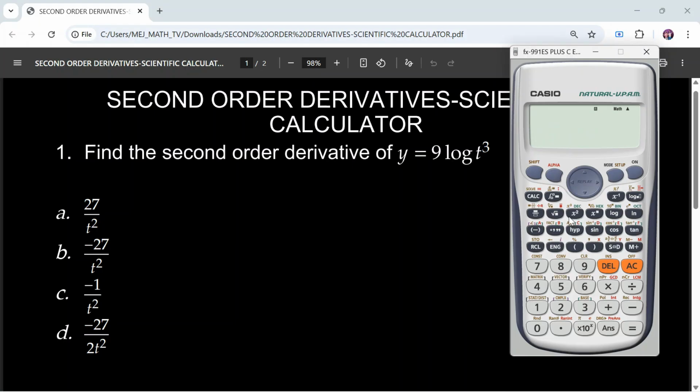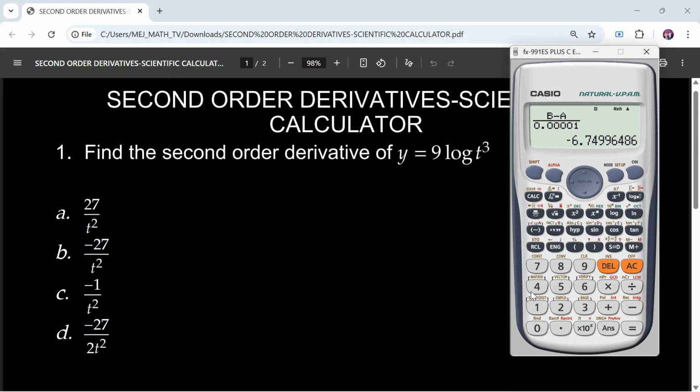Alright, so now the second derivative is going to be alpha b minus alpha a, all over the constant, which is 0.00001, and we hit the equal to sign, and the answer is negative 6.74999.